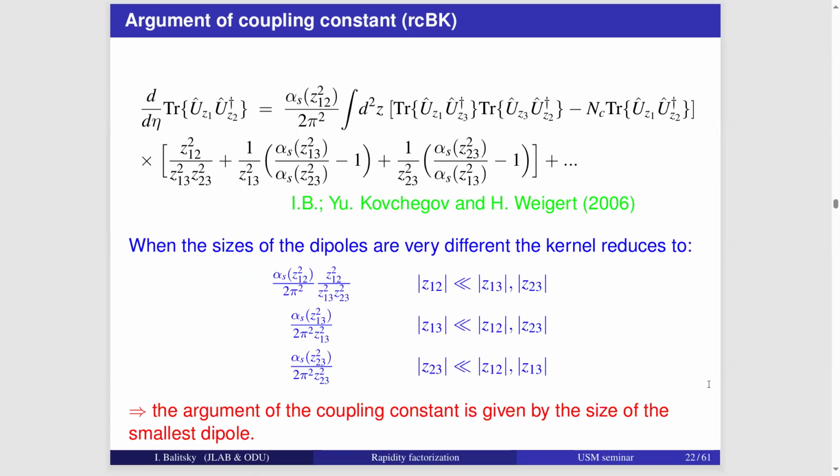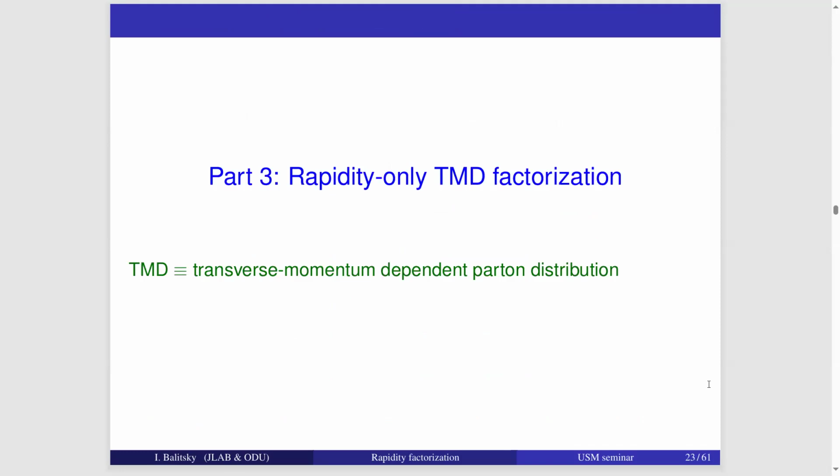The result for the argument of the coupling constant can be written in different ways. Bottom line is the argument of the coupling constant is given by the size of the smallest dipole. And this equation, which goes sometimes under the name rcBK, is widely used nowadays in analytical and numerical solutions of the BK equation.